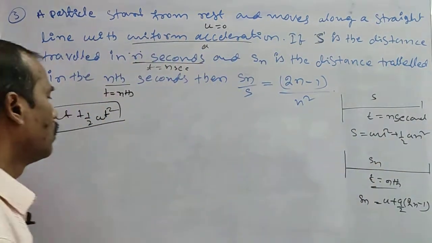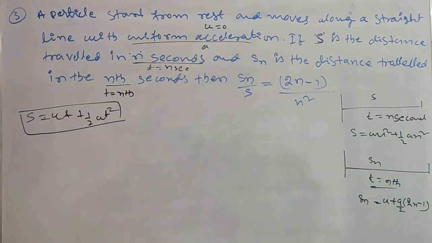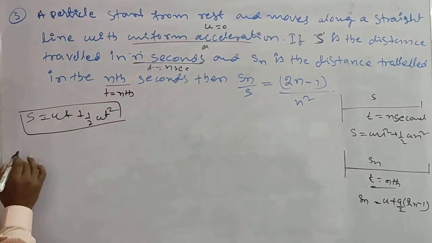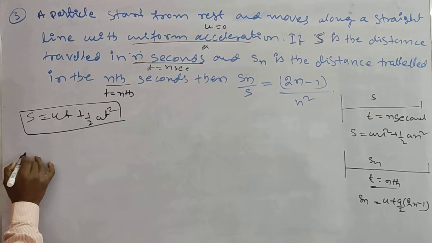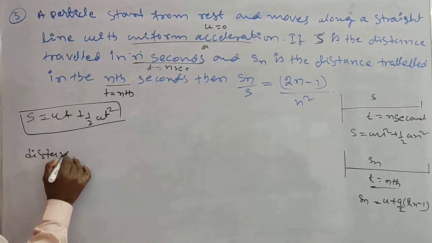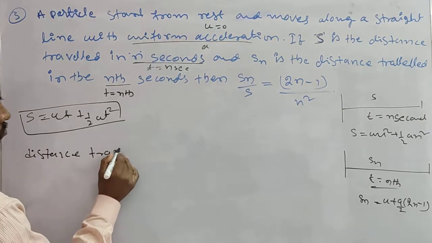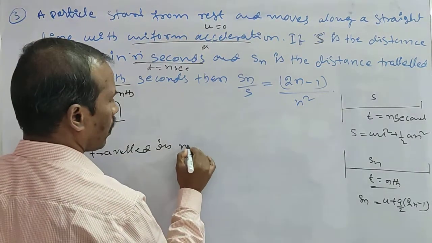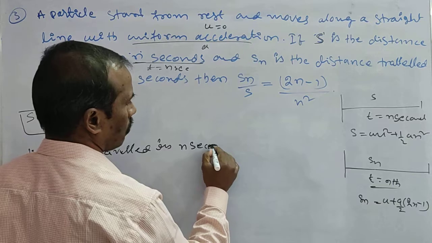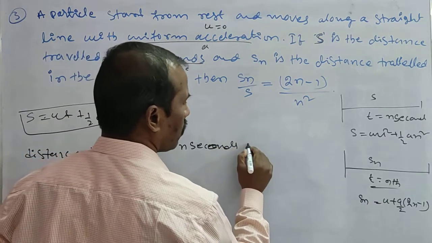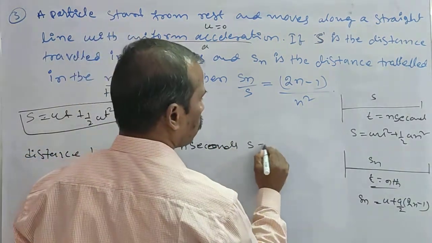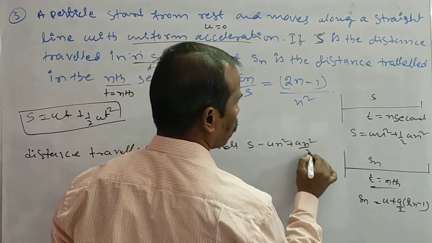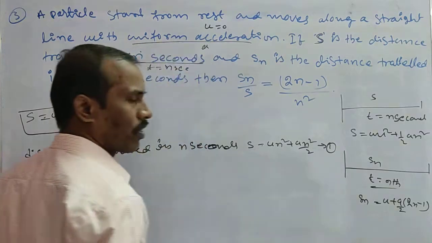Okay, now first of all, the distance traveled in n seconds: s is equal to un plus an square by 2. Okay, this is equation 1.